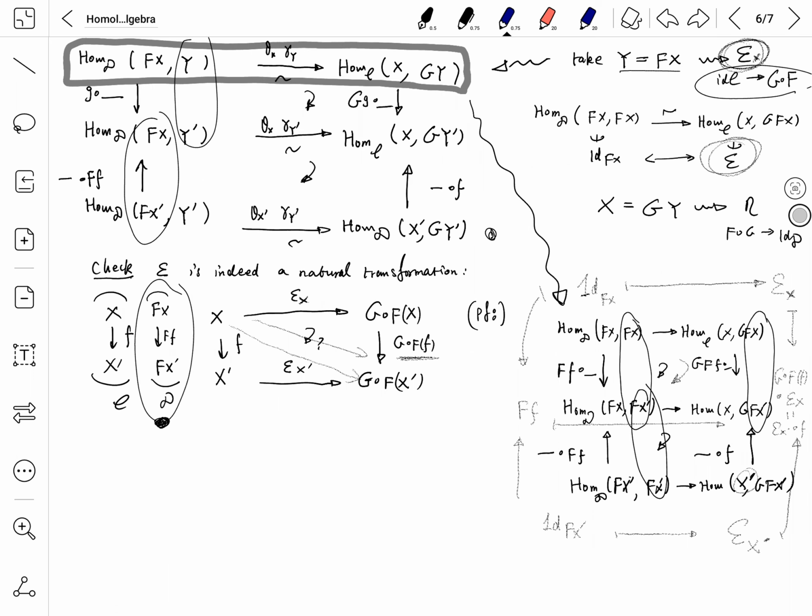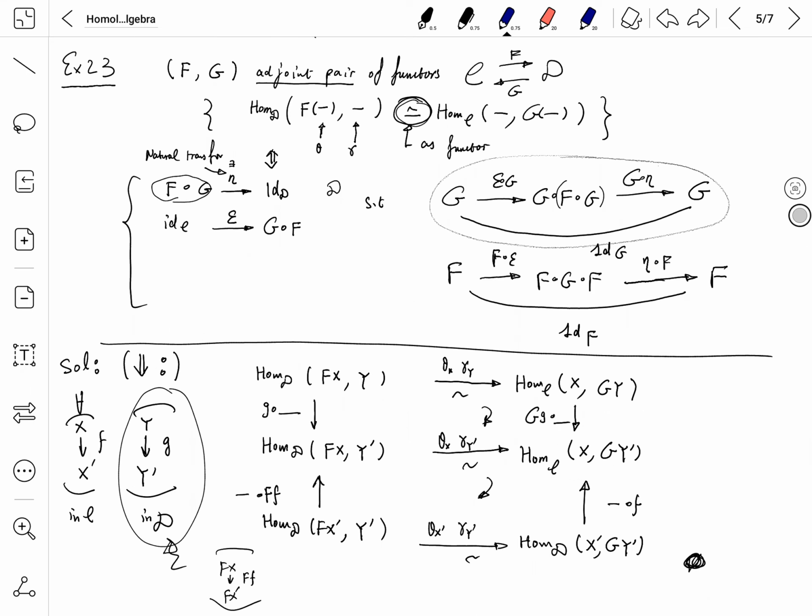This is what we want to prove: J of eta composed with epsilon G equals identity.